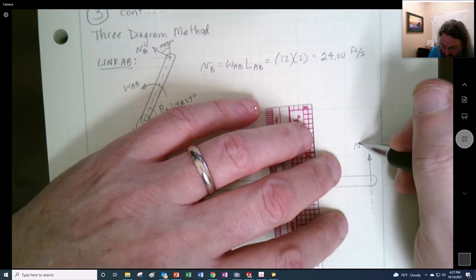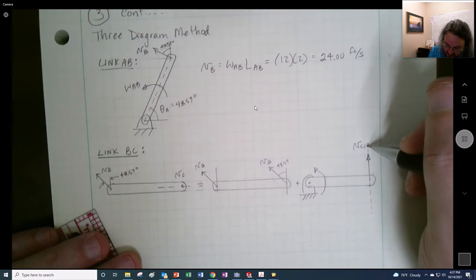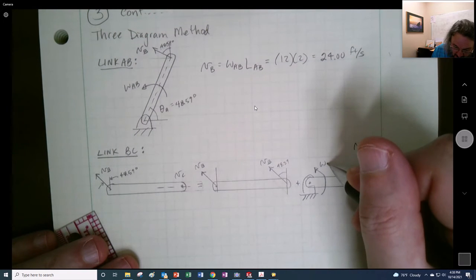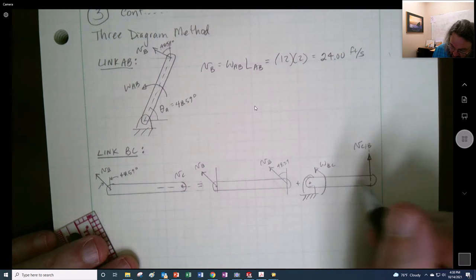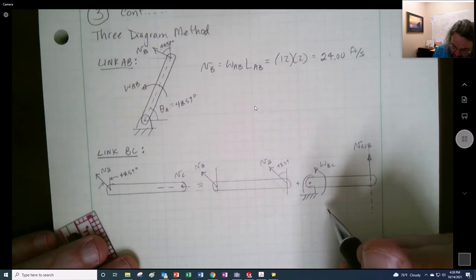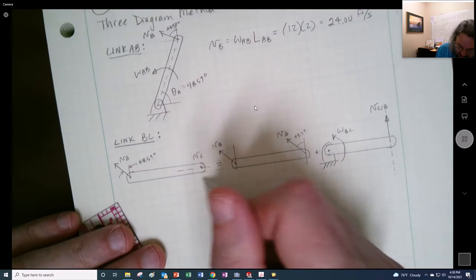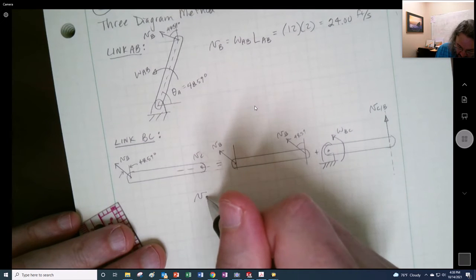And so this right here is the velocity of C with respect to B. And this is the angular velocity of BC. And then this is the length right here of BC. So what we're going to do is we're going to write out for this spot, this is the location we're going to write this for.